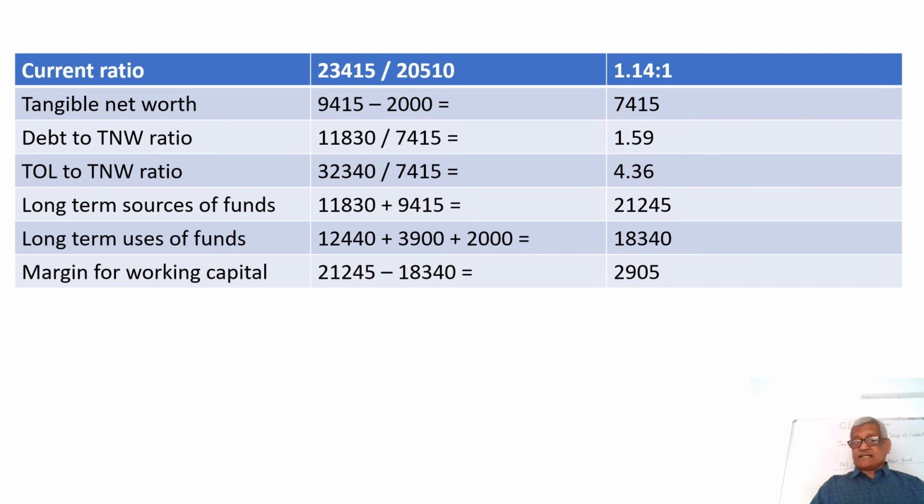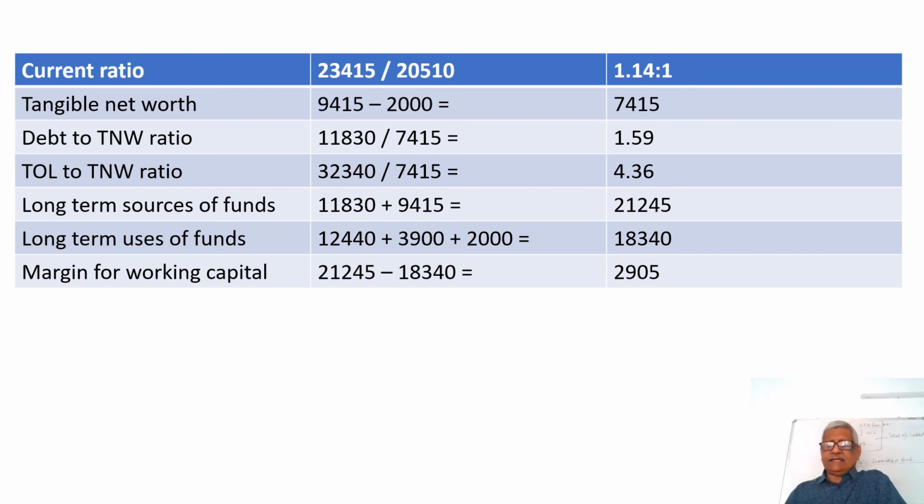Then we are trying to find out the margin for working capital, and we know margin for working capital is the surplus of the long-term sources over long-term uses. Here long-term sources is equal to the term liability plus net worth. Because we know that on the liability side, current liability is a short-term source, term liability is a long-term source, net worth is also a long-term source.